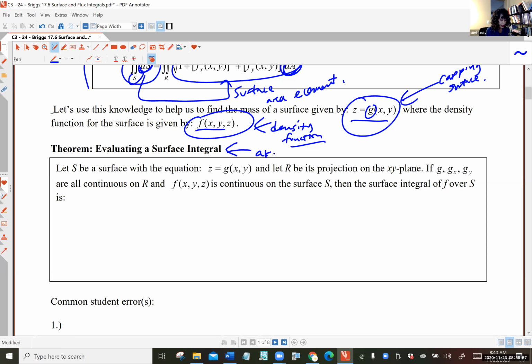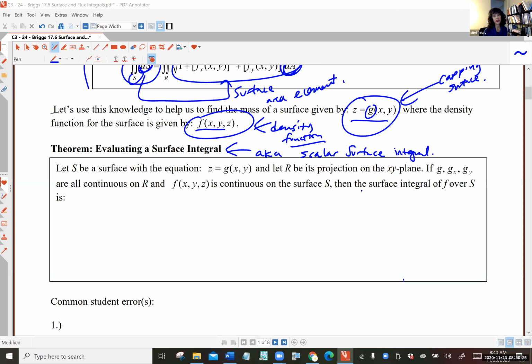This is also known as a scalar surface integral, as opposed to a vector surface integral, the flux surface integral that we're going to do in this section also.